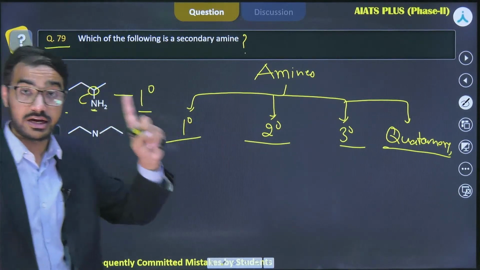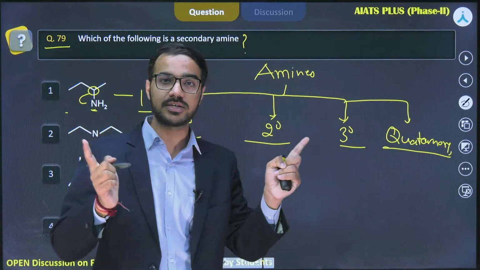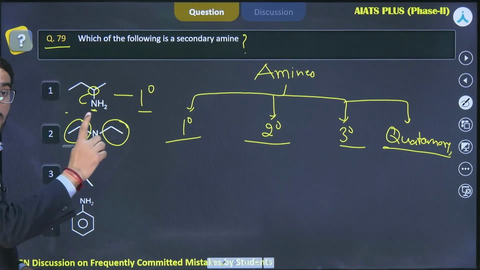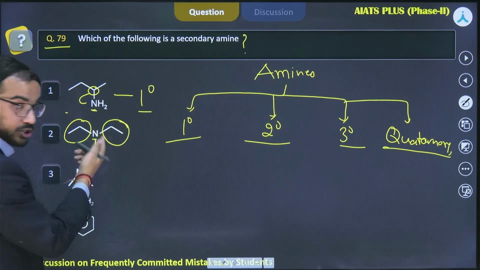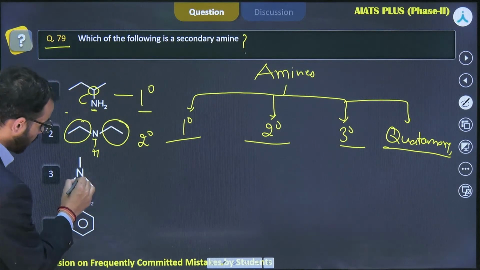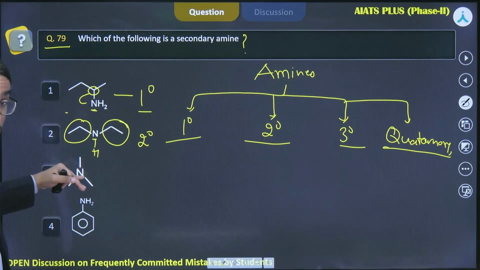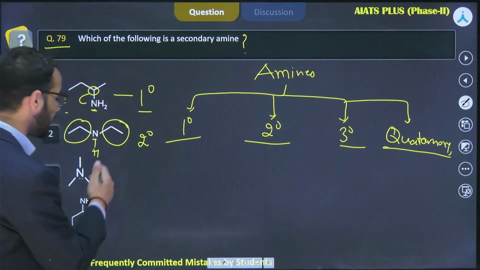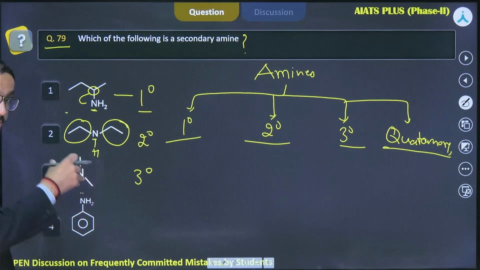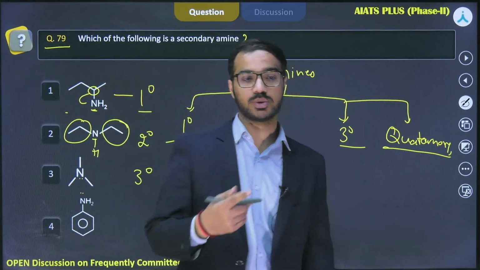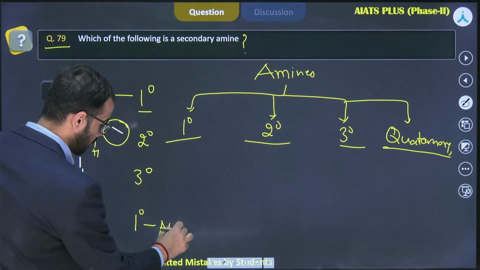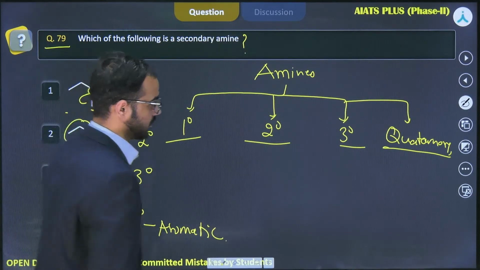Secondary amine means the nitrogen center is attached to 2 carbon centers. So in this portion, this nitrogen is attached to 2 carbon centers, and hydrogen is there. So this is a 2 degree amine. In the third part, the nitrogen is attached to 3 carbons. So this is a 3 degree amine. And in the fourth part, this nitrogen is attached to only 1 carbon, so this is a primary aliphatic or primary aromatic amine.